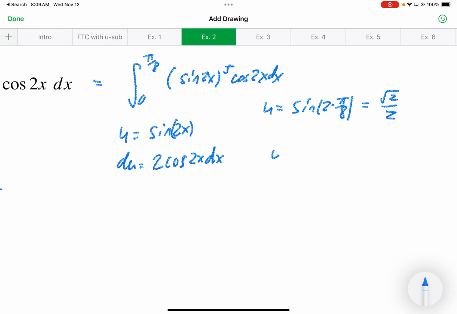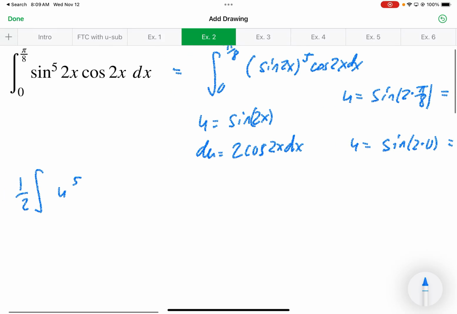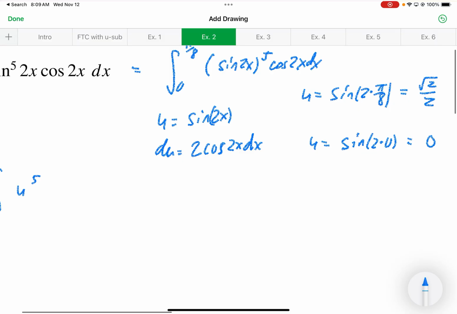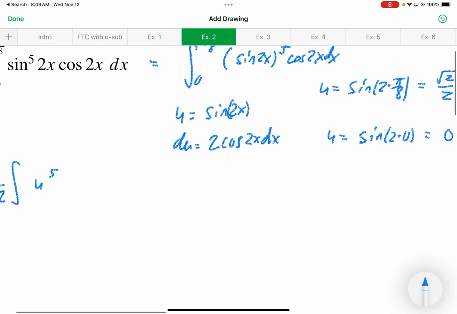And for my other value, sine of 2 times 0 is sine of 0, which is 0. One thing you need to make sure you keep track of is when you are changing your limits, whatever value you plugged in for your upper limit still goes into your upper limit, regardless of whether it's larger or smaller than the other limit. I think you'll see an example of that here soon.